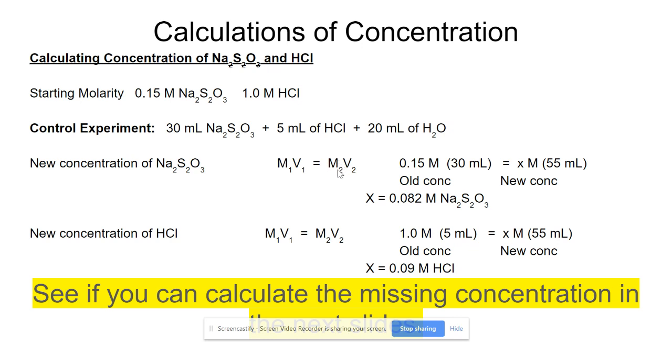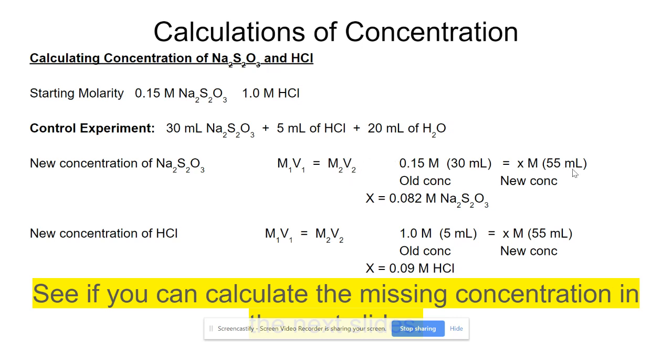M2 is the one we're trying to find. It's the new concentration in which the reaction occurs. And then V2 is going to be 55 milliliter. It's the total volume of the mixture that we have at the end during a reaction. So remember, V2 is going to stay the same throughout the entire experiment.